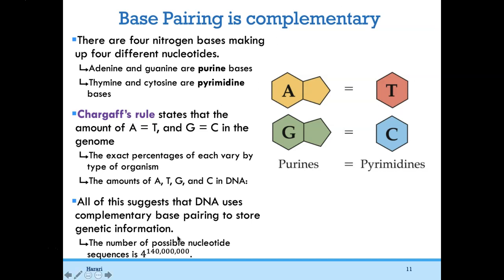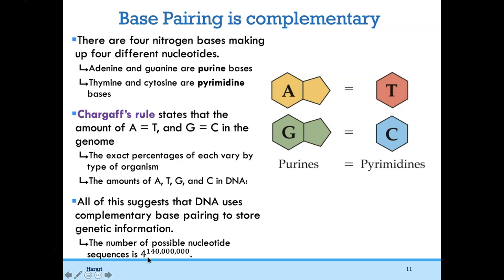And all of this suggested that DNA uses complementary base pairing to store genetic information. And just with 4 letters, this gives us an incredible amount of genetic variability. So if each human chromosome contains about 140 million base pairs, that's the amount of letters each chromosome has, right?